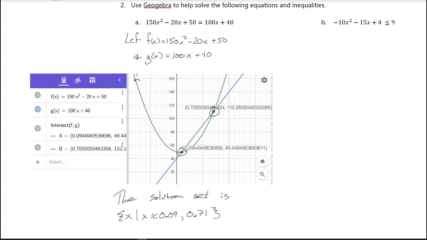And that's because those are the two x values of the intersection points, because those x values will produce the same output for both functions, which are the left side and the right side of the equation. We want both the left and right side of the equation to output the same thing, so we've used graphs to find the x values where that occurs.